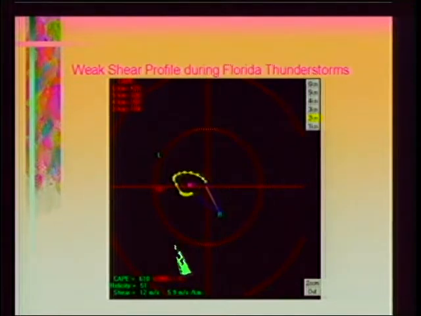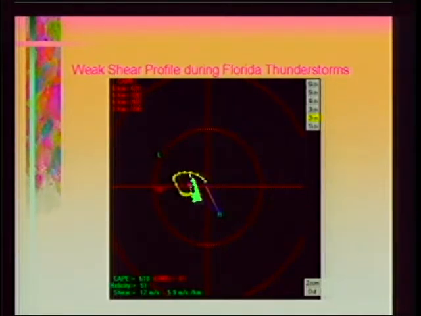So although you have instability, it's not too impressive. The wind shear profile is also not impressive. This is going from the surface up to 2 kilometers. By the time you got to 2 kilometers, the wind speed was just about 0. The lower and mid levels of the storm environment had very little wind.